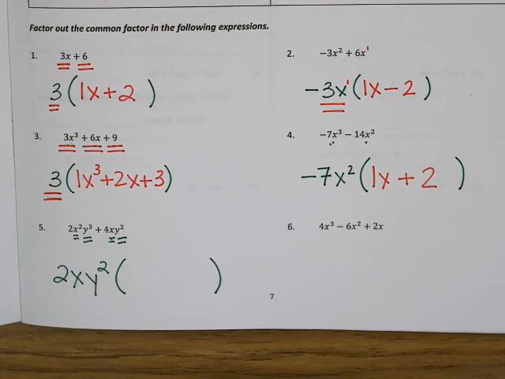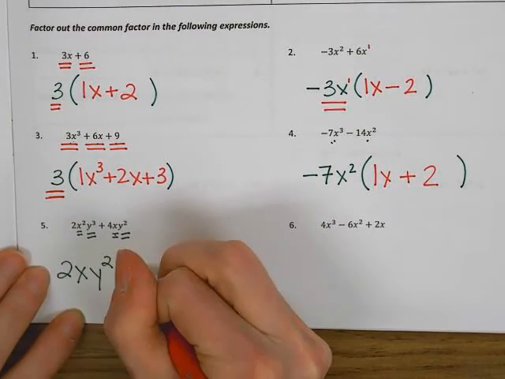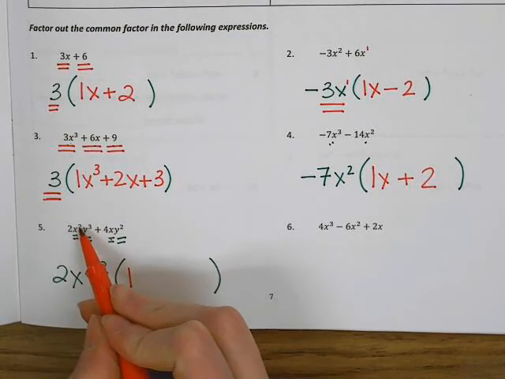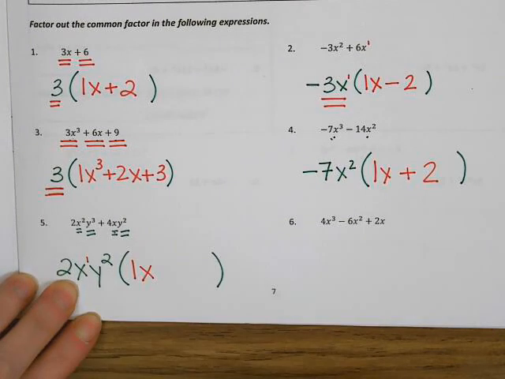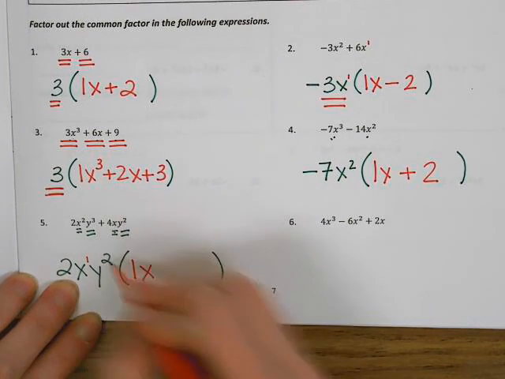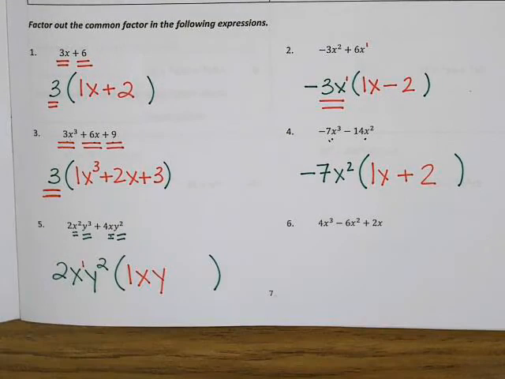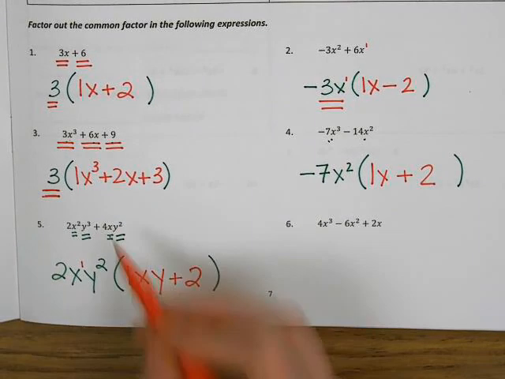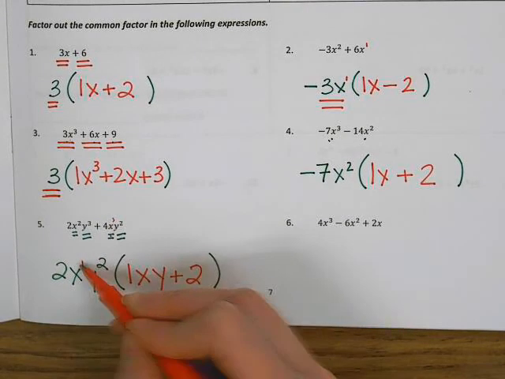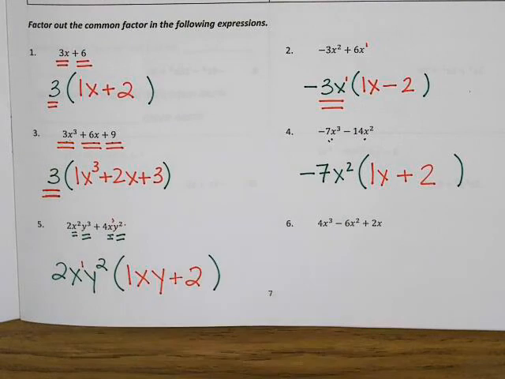All right, let's divide it out. 2 divided by 2 is 1. We have 2 minus 1, we have 1x left. 3 minus 2, we have 1y left. Plus 4 divided by 2 is 2. We have no x's left and no y's, because when you divide, you subtract, and then they're gone.